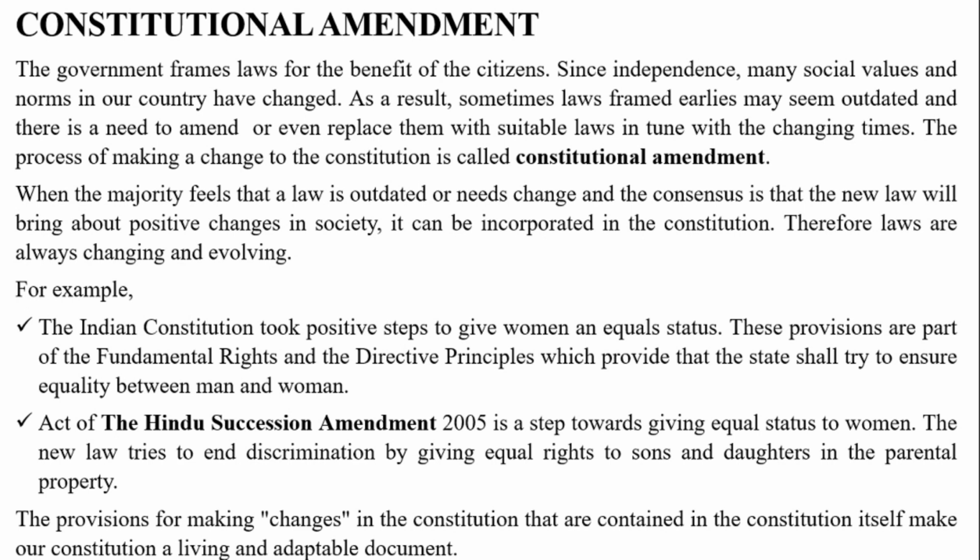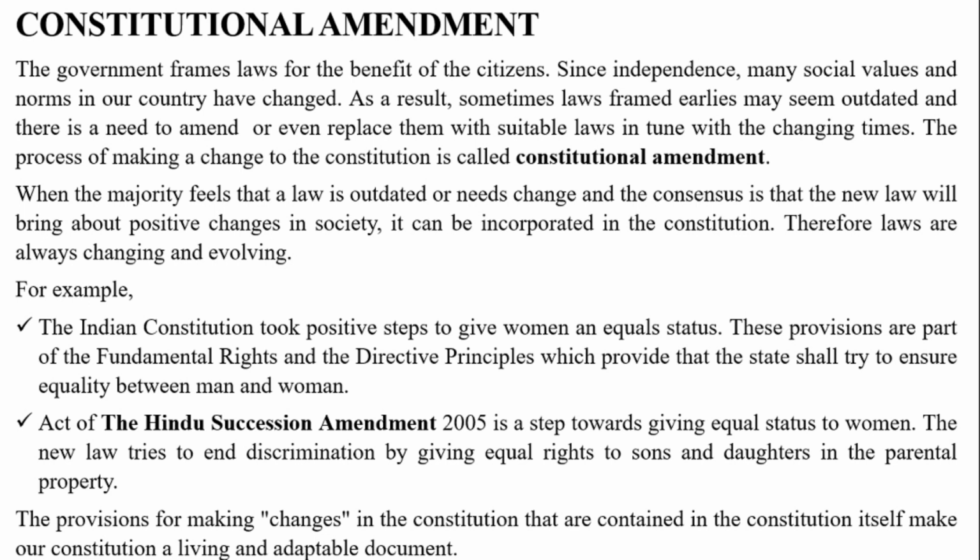The second important amendment is the Hindu Succession Act of 2005, a step towards equal rights and status of women. The new law strives to end discrimination by giving equal rights to son and daughter. That is, the son and daughter should be given equal rights to the parental property.